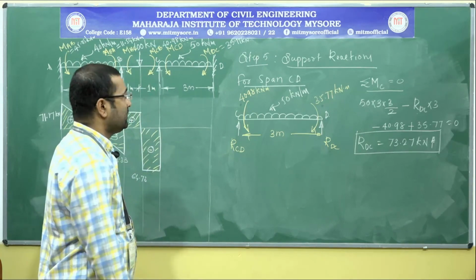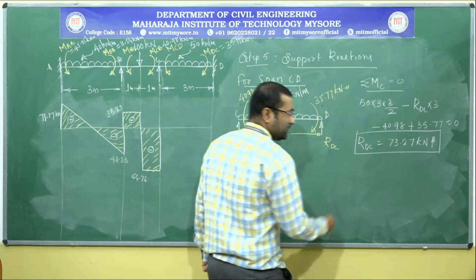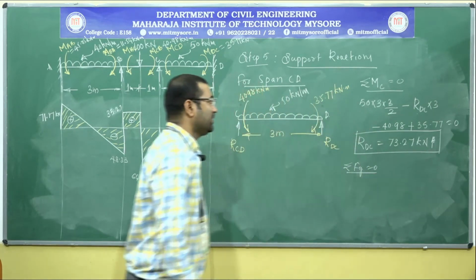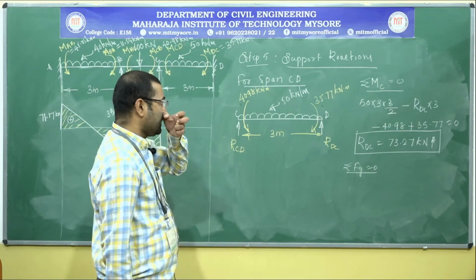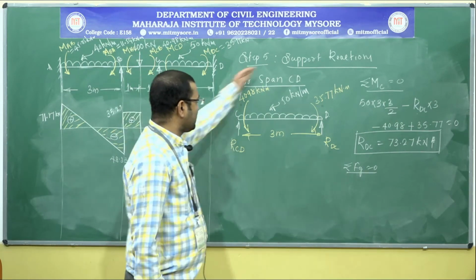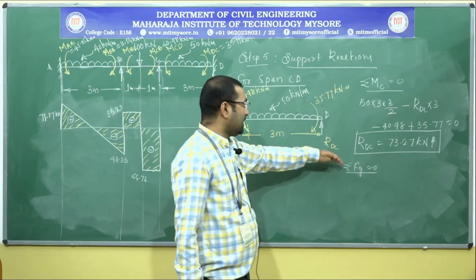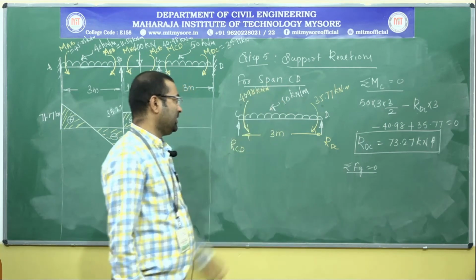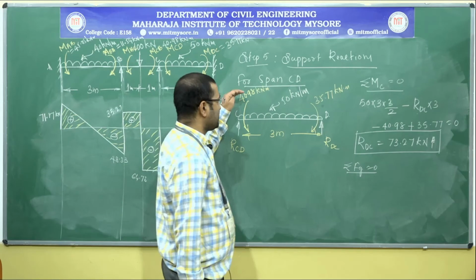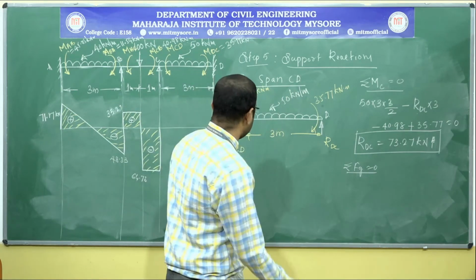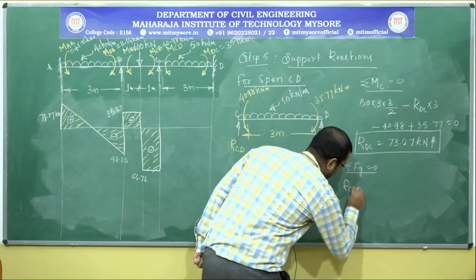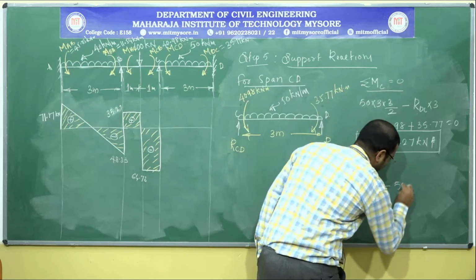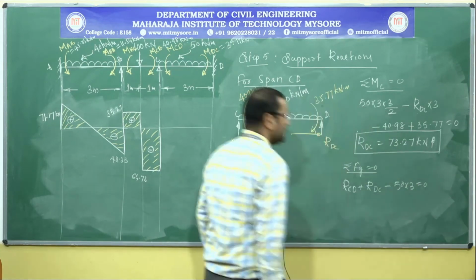Now impose one more equilibrium condition, that is algebraic sum of all the vertical forces must be equal to 0. Summation of Fy is equal to 0. Here you can see from the diagram RCD and RDC are acting vertically upwards and this 50 kilonewton UDL is acting vertically downwards. Consider upward forces as positive and downward force as negative, then the equation will be RCD plus RDC minus, as it is a UDL, 50 into 3 equals 0.